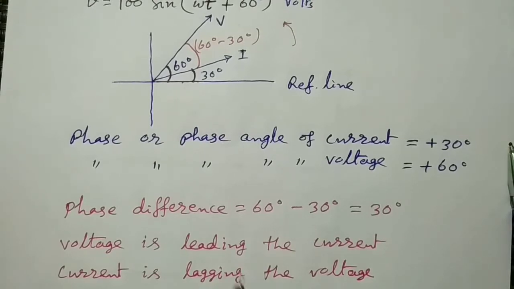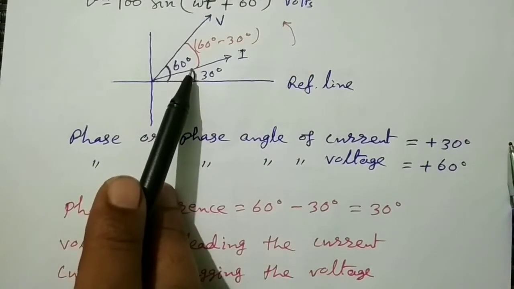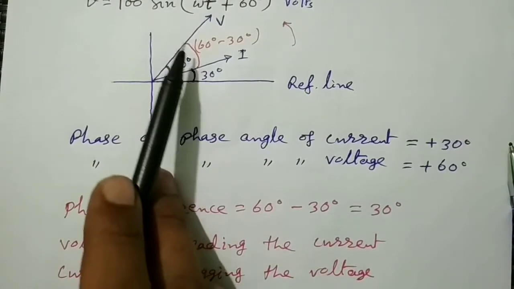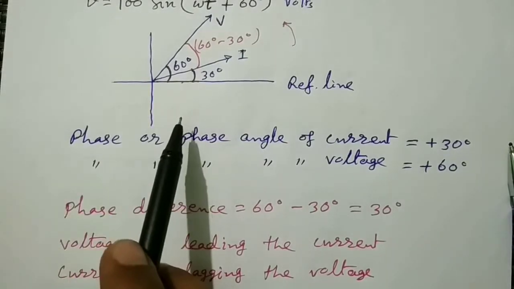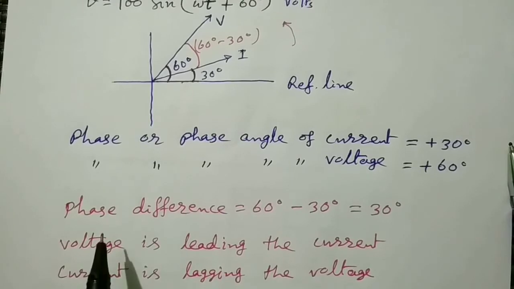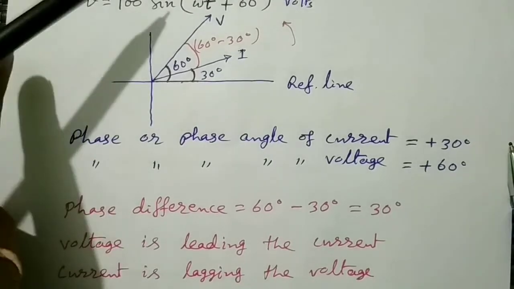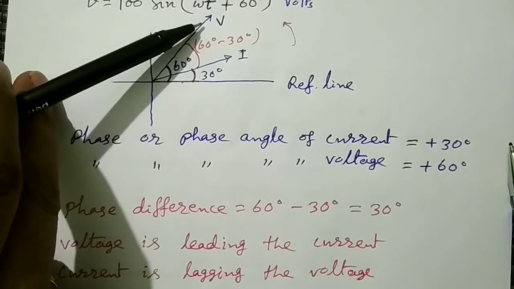So the phase difference is the angular displacement between two phasors that are drawn in a common domain. The phasor which is ahead of the other is considered as leading. In this case, the voltage leads the current.